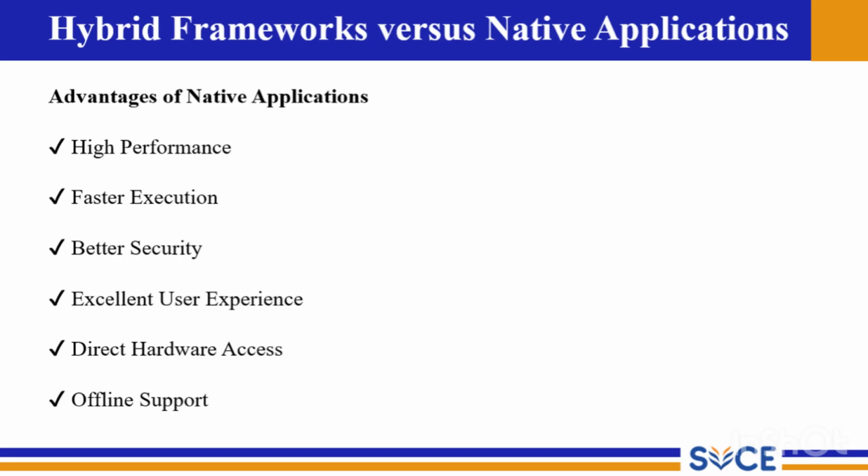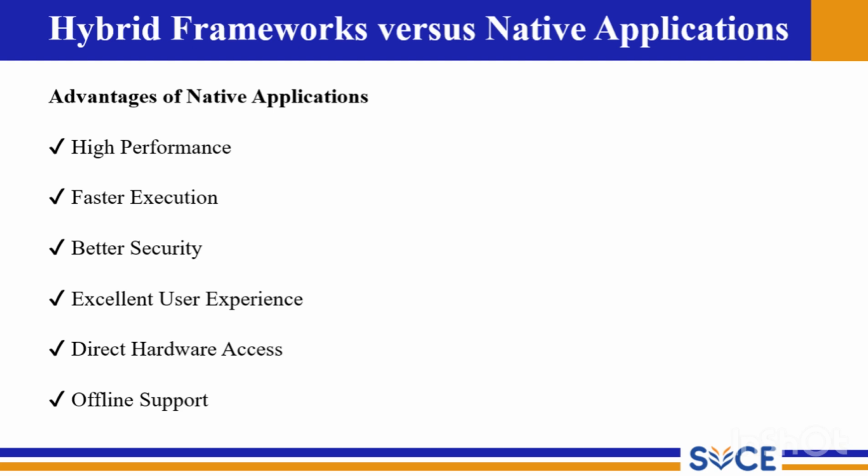They also provide better security because they use the operating system's official security mechanisms. This is why applications like banking apps, gaming apps, and professional editing tools are often developed as native applications.